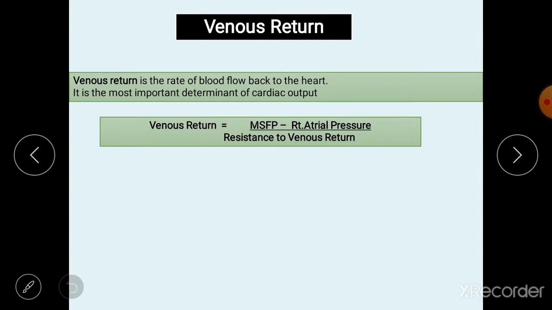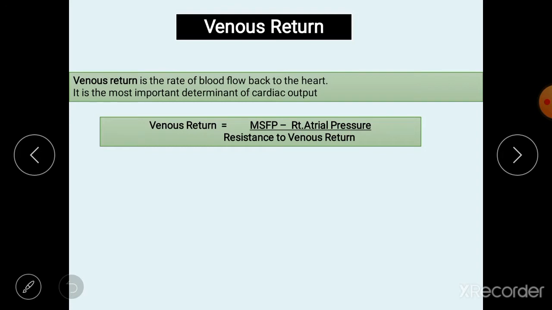As I mentioned before, mean systemic filling pressure is the pressure which the blood exerts on the vessel walls when the heart is stopped and the blood is allowed to distribute equally into the circulatory tree. So at this point, when the blood exerts the force on the blood vessel wall, it is known as the mean systemic filling pressure.